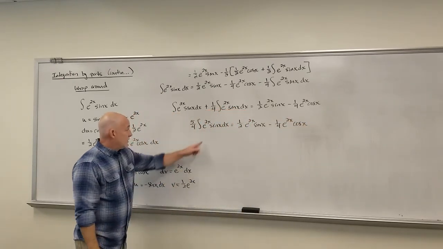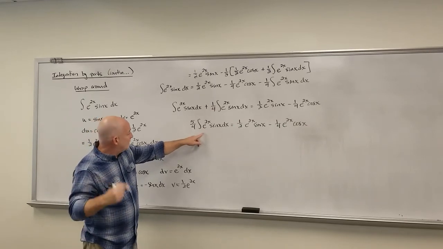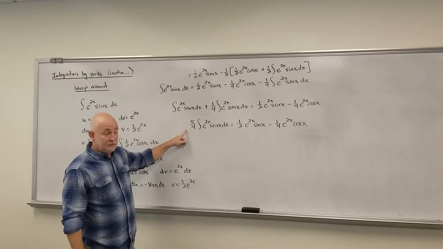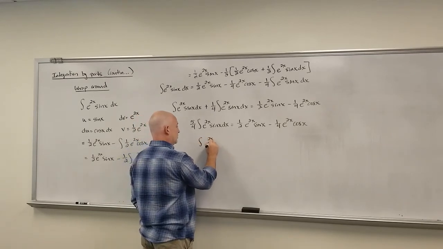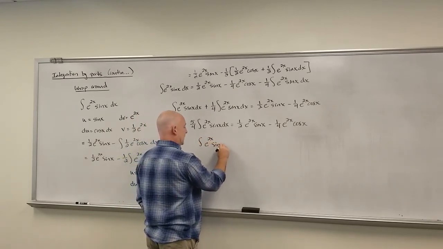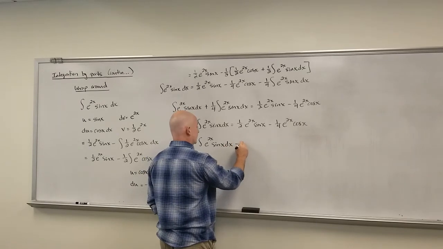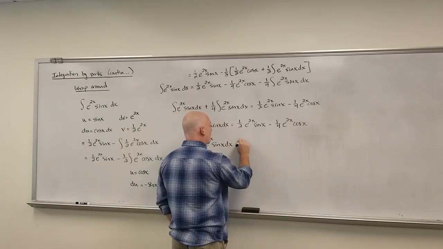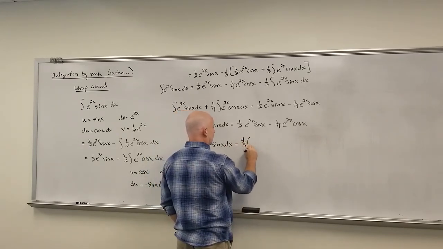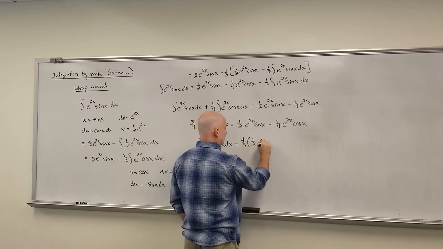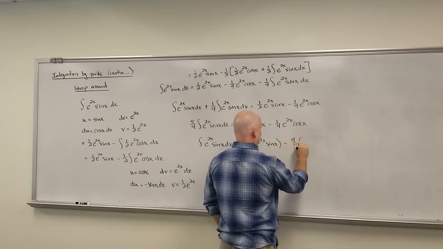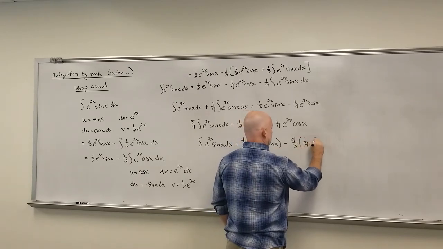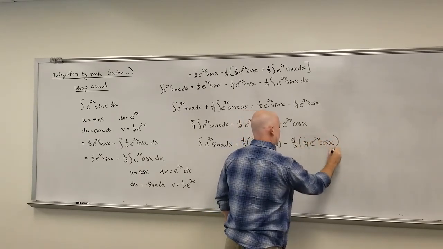All right, so if I want to know what this integral equals, all I have to do is multiply both sides by 4/5. So the integral of e to the 2x sine x dx will be 4/5 times 1/2 e to the 2x sine x minus 4/5 times 1/4 e to the 2x cosine x.